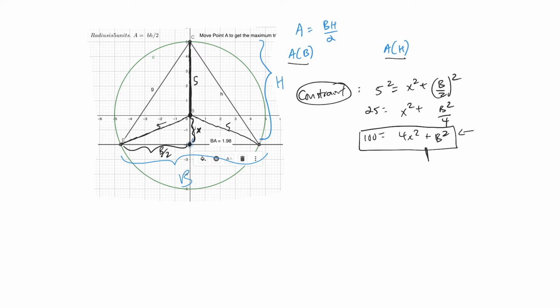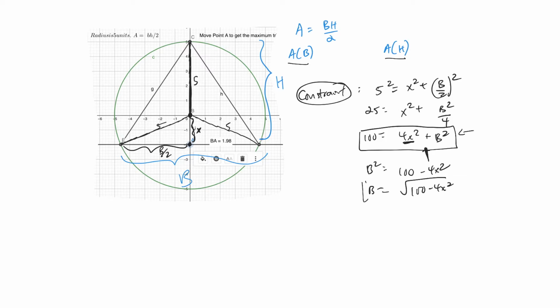When I look at this constraint, I can see right away that I can isolate b more easily. I could isolate for x, but then I'm going to get fractions, which I want to avoid. So I'm going to isolate for b. In other words, b squared is equal to 100 minus 4x squared, and b is equal to the square root of 100 minus 4x squared.